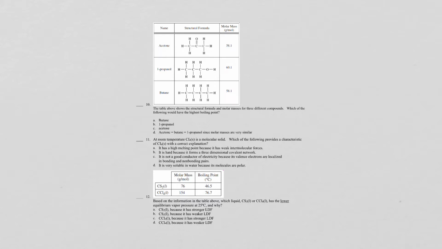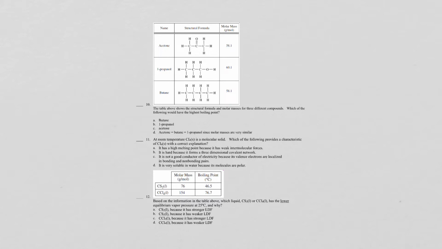So the oxygen there would be a site of dipole-dipole. And then the OH bond in 1-propanol would be a site of hydrogen bonding. And so 1-propanol would have the highest boiling point due to its strongest IMFs.